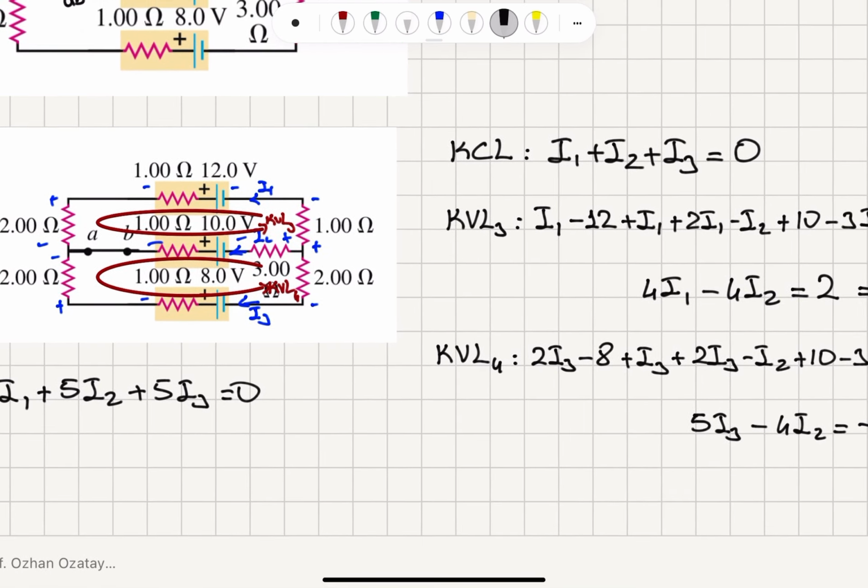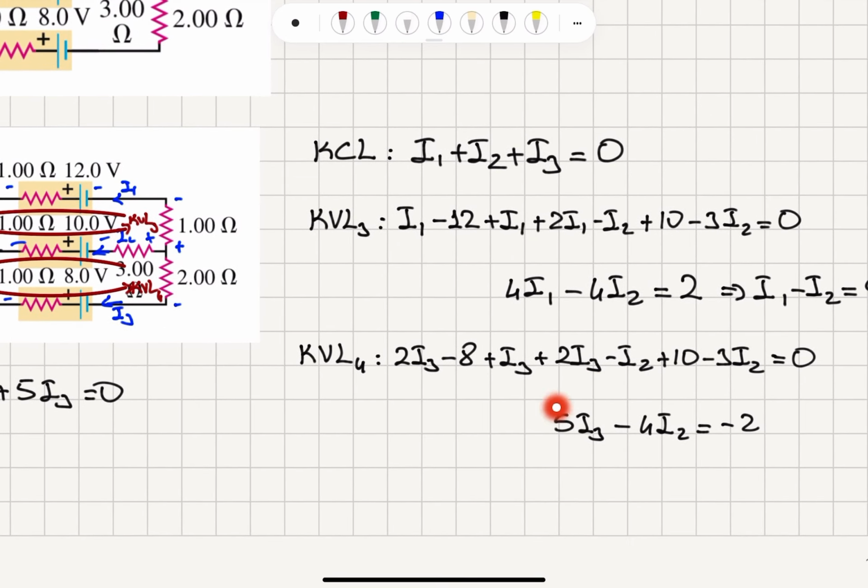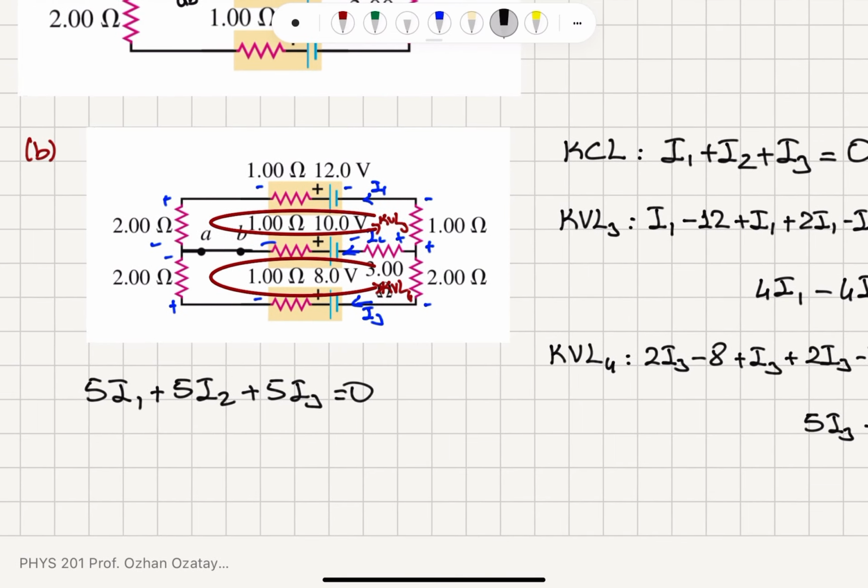Then I have this equation from the KVL4 equation, 5I3 minus 4I2 is equal to minus 2. If I subtract these two equations, then I will have 5I1 minus minus, this will become plus, plus 9I2.